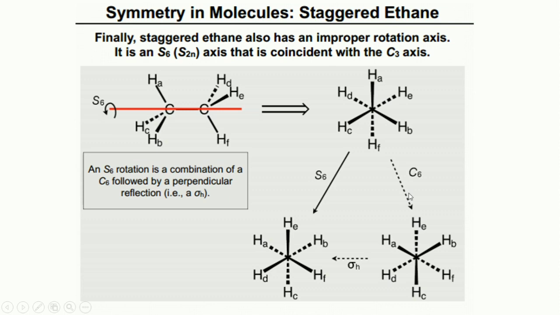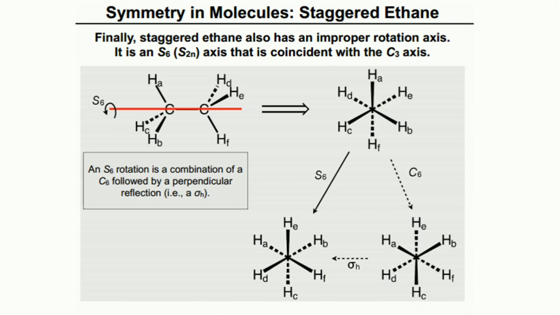This is C6 rotation in staggered ethane. C6 rotation means we need to rotate this molecule 60 degrees anti-clockwise. You can even rotate this molecule clockwise, but here we are talking about the anti-clockwise rotation.